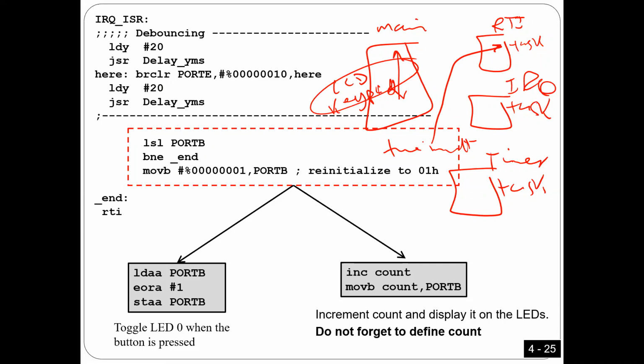Then I can use IRQ to count events. That's what I'm going to teach right now. What do you mean by count events? For example, you can have an infrared light.